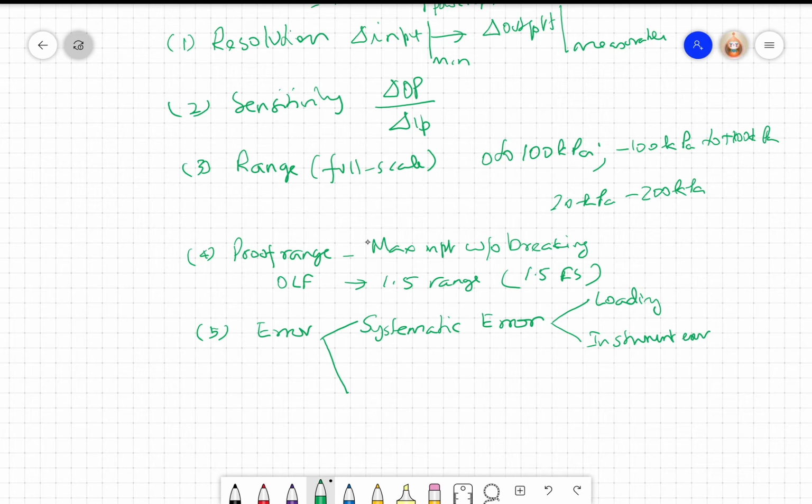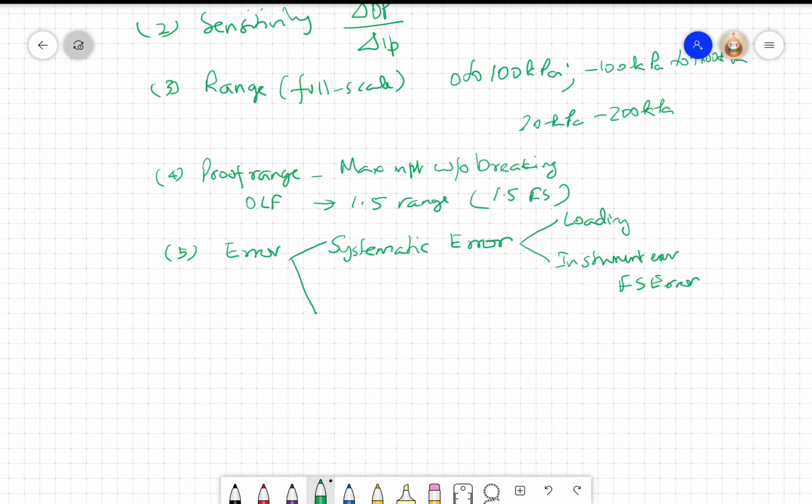Instrument error, most of the transducer manufacturers give us full scale error, right? Not the error of the reading. You'll have to be careful when you get full scale error. If the full scale error is 1%, then the error at half the full scale will be 2%. So you'll have to be really careful on that. So we already saw that it's always advisable to measure using a transducer almost nearer to full scale so that the errors are smaller.